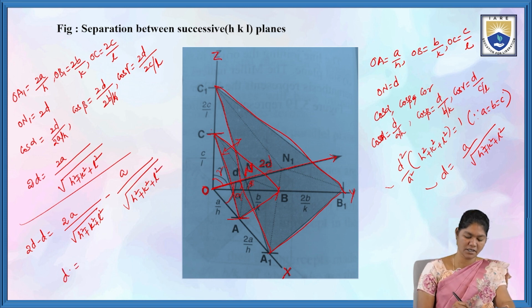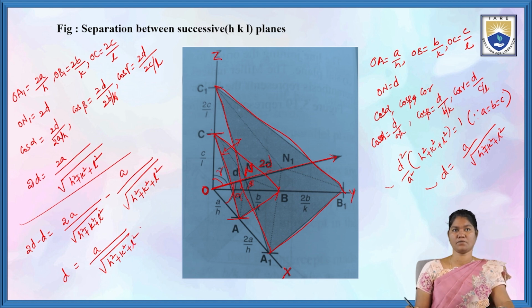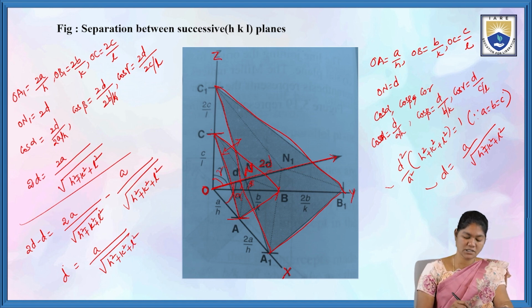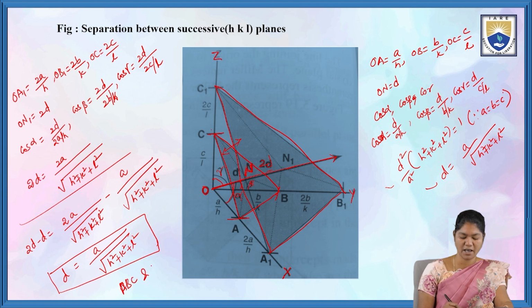So that D is equal to A by root of H square plus K square plus L square. So this is the interplanar distance between the plane ABC and the plane A1, B1, C1.